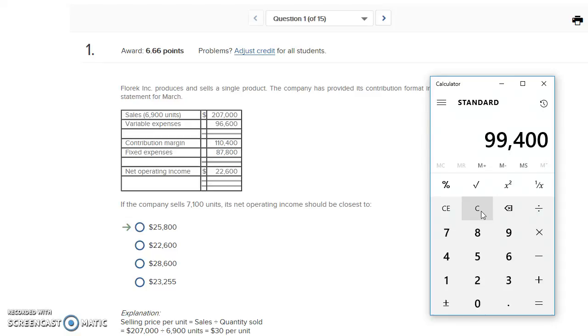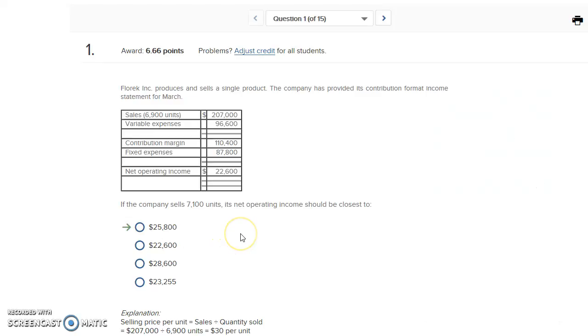So I'm going to take my revenue of 213 and subtract 99,400. So 113,600. My fixed expenses are not going to change no matter how many I sell. I'm still going to subtract 87,800. So I'm going to have 25,800 as my net income.